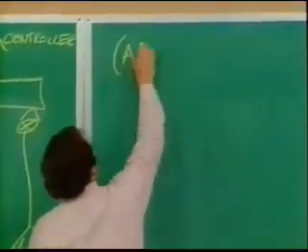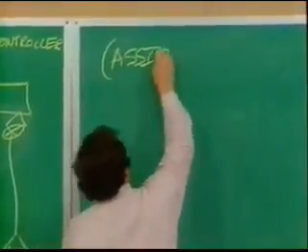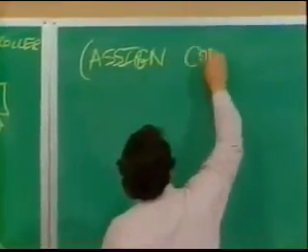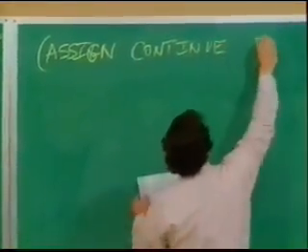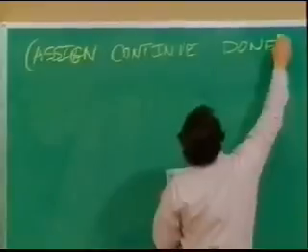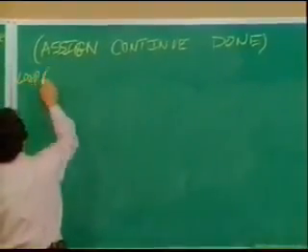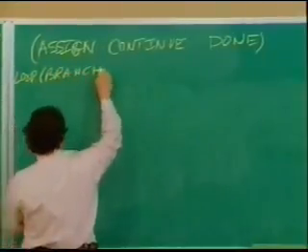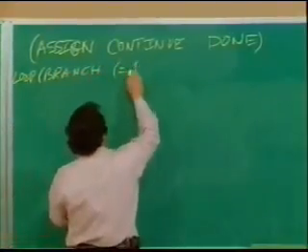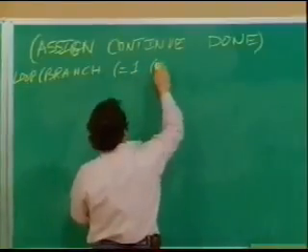Okay? So we have assign, to set up, continue, to done. We have a loop which says branch if equal 1, fetch n.